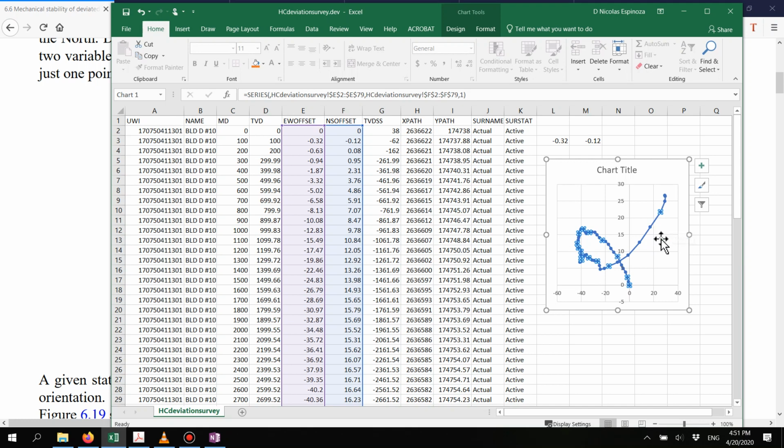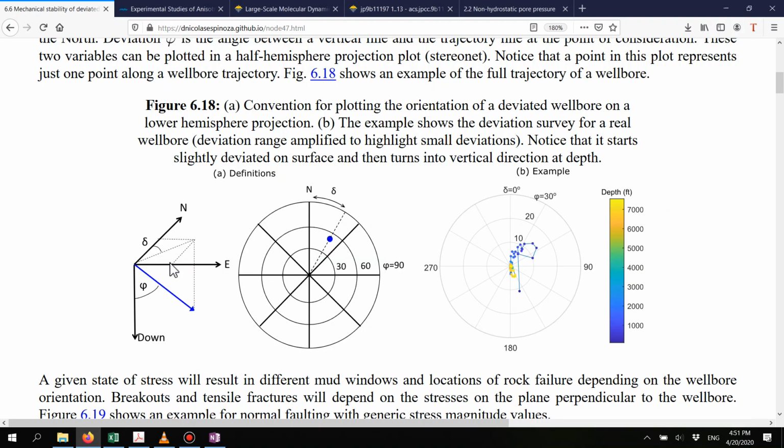And we can also summarize this deviation survey on this type of plots in which we use the same lower hemisphere projection as before, and for each point we have calculated what is the angle of azimuth and what is the angle of deviation.